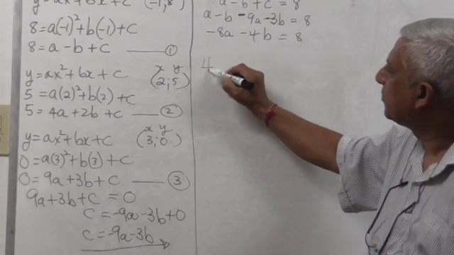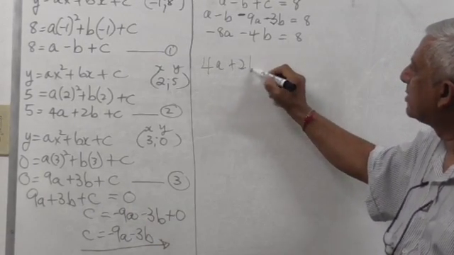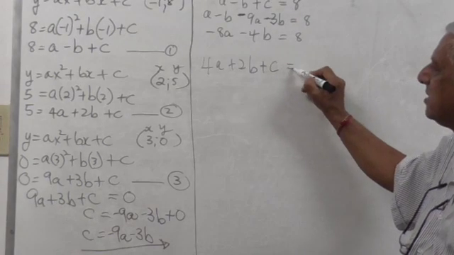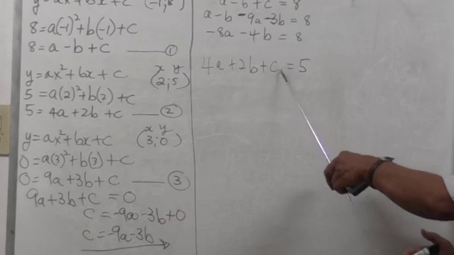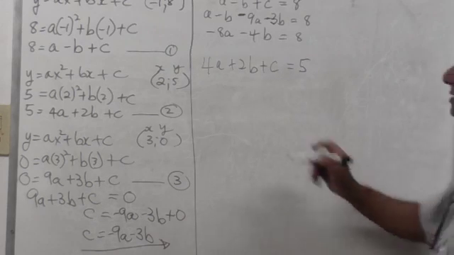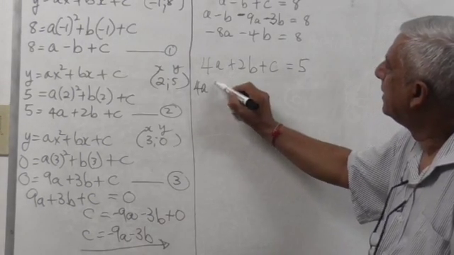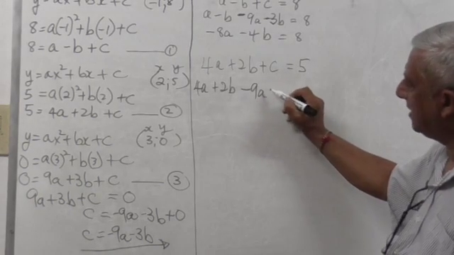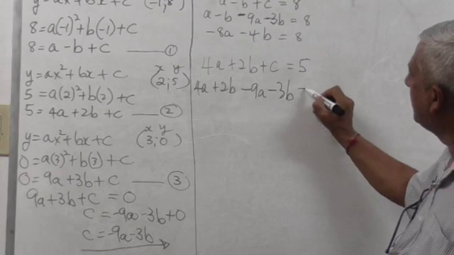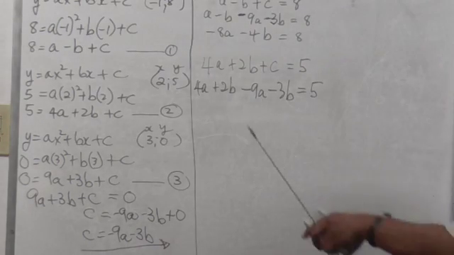I will write it like this: 4a plus 2b plus c is equal to 5. But I am substituting for c. So 4a plus 2b minus 9a minus 3b is equal to 5.